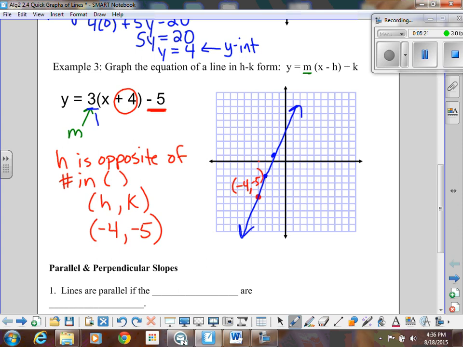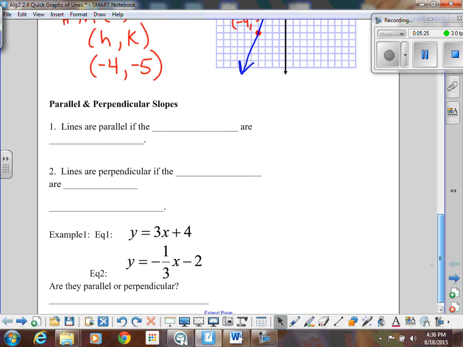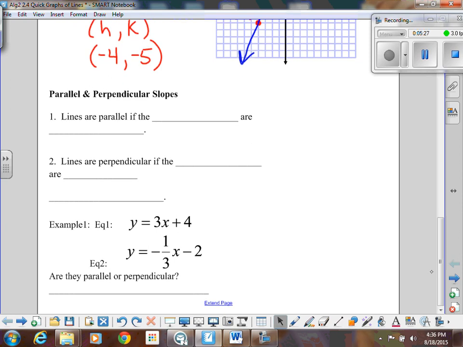And that's my line. So now that we've talked about how to graph them, let's talk about parallel and perpendicular lines. If lines are parallel, then their slopes are the same. And if the lines are perpendicular, their slopes are opposite reciprocals.